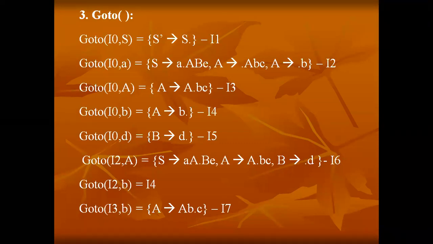After constructing this first and follow table, based on it and on the computations we did in the goto function, we construct the parsing table by using these computations and the first and follow outputs.